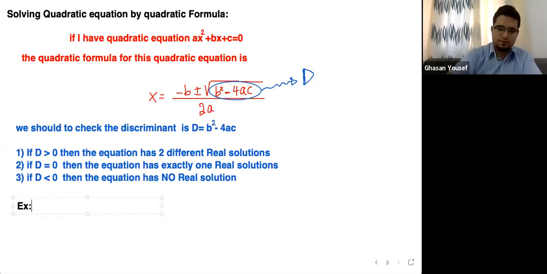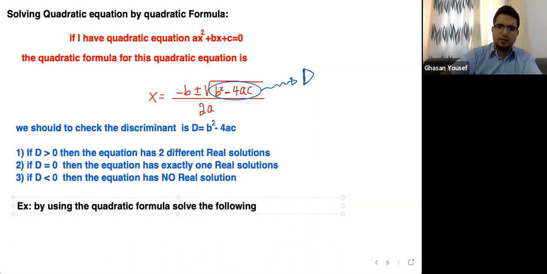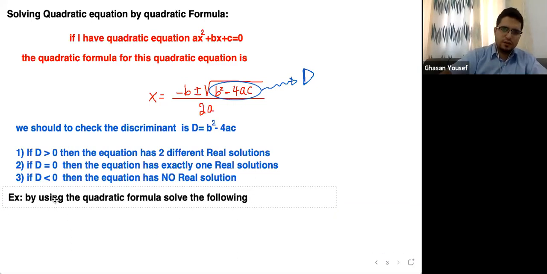So the example by using the quadratic formula: solve the following. So we're going to use the quadratic formula to solve the following quadratic equation.